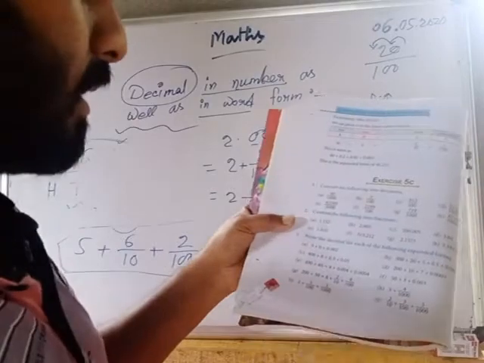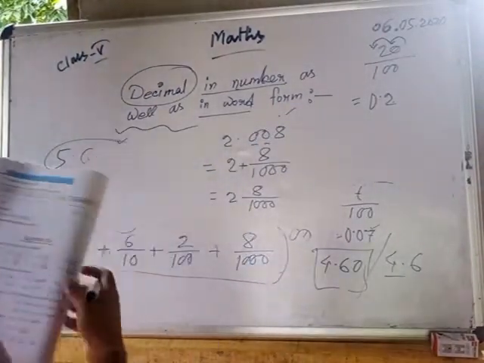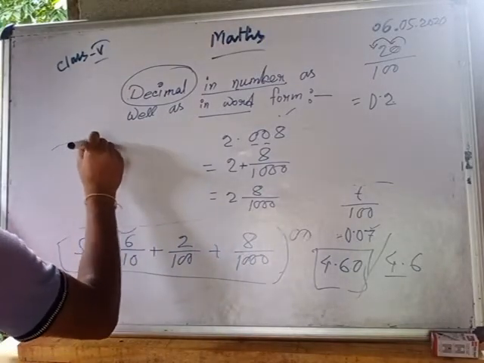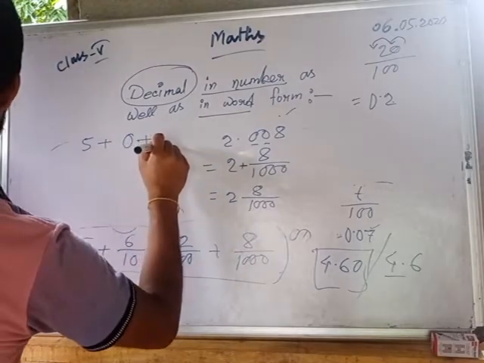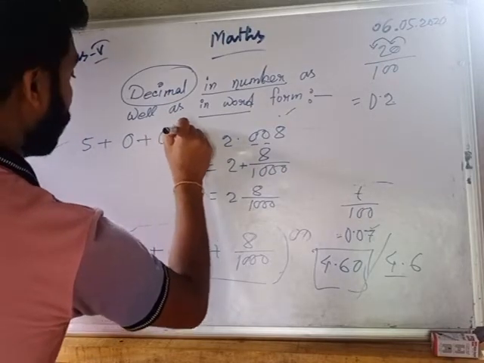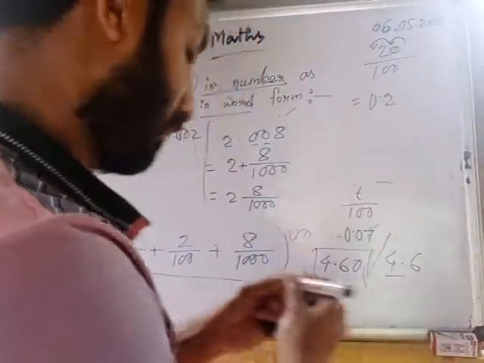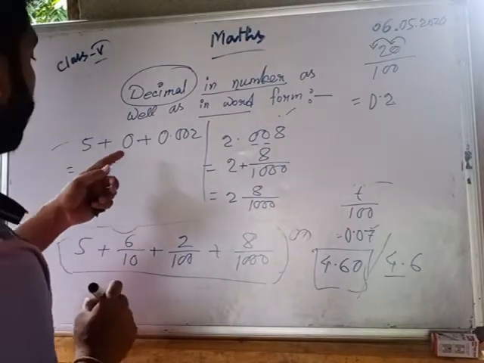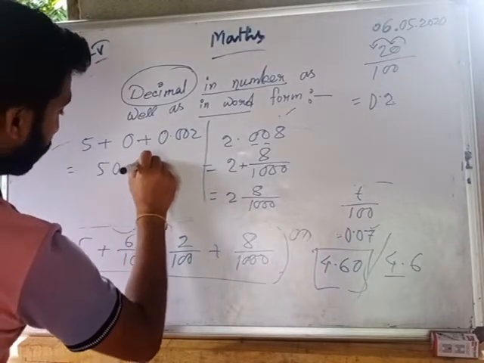After that, write the decimal for each of the following expanded forms. Write in decimal. I already taught you. If it is 5 plus 0 plus 0.002, at that time we should write 50.002.